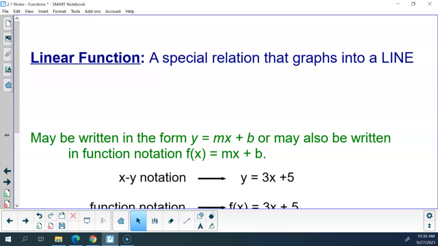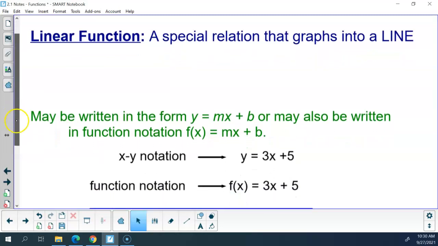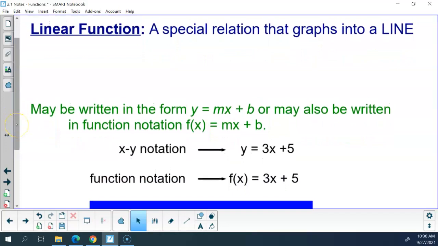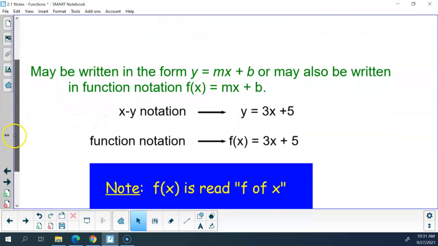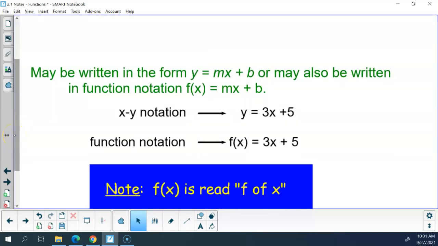Okay? So we have that. But we can also write that in function notation. Function notation now brings in this f and an x in a set of parentheses. And that is read f of x. It's not fx, the TV station. It's not f times x. It's f of x.